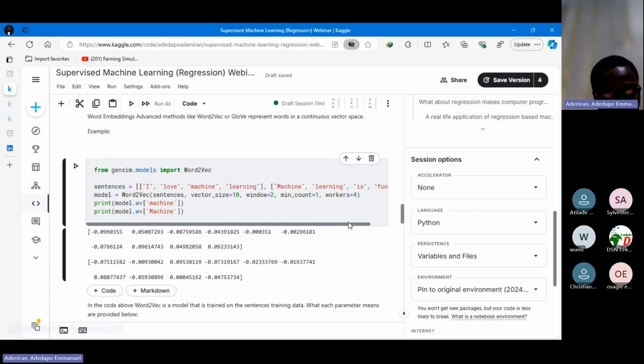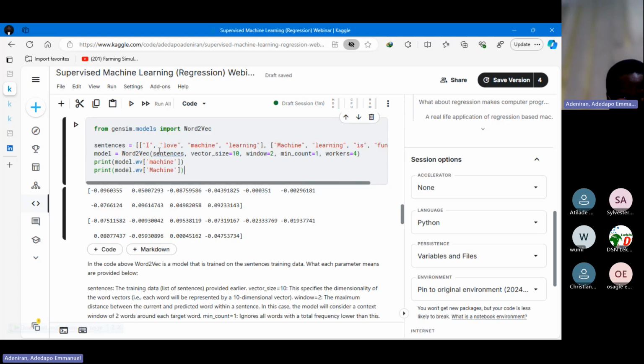In a machine world, this is how a machine understands words: in the form of a vector. The sentences you are seeing here represent the dataset itself, which has been provided already.